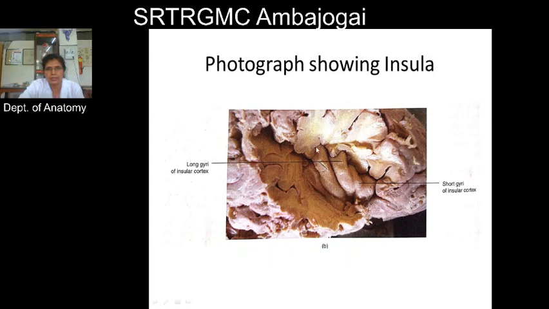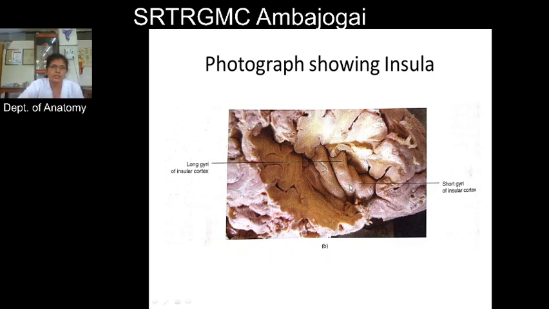It is surrounded by the circular sulcus, and it has short and long gyri which are separated by sulci. This insular cortex plays an important role in emotional behavior, and also in the control of motor and sensory functions of the autonomic nervous system.